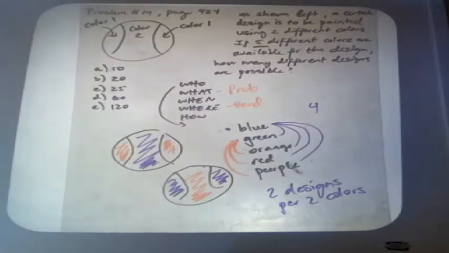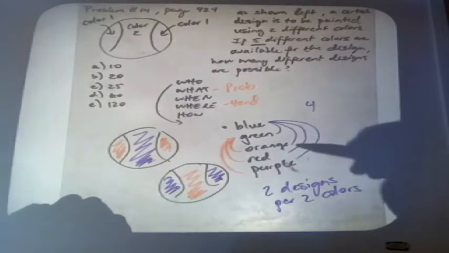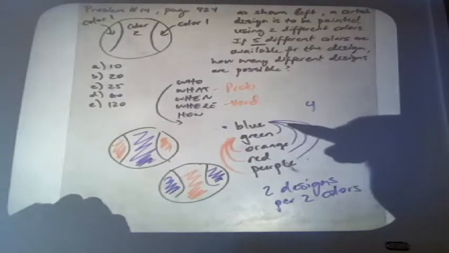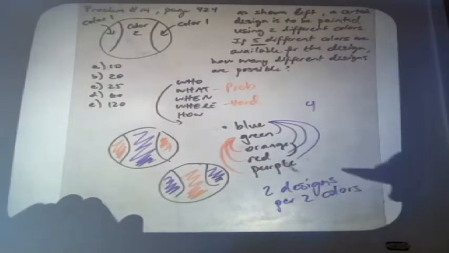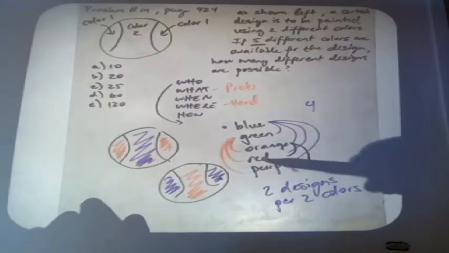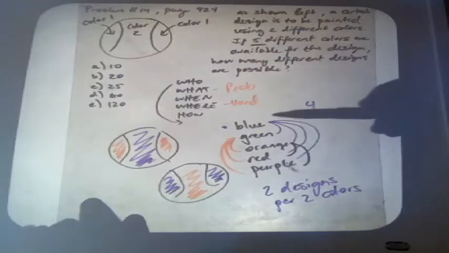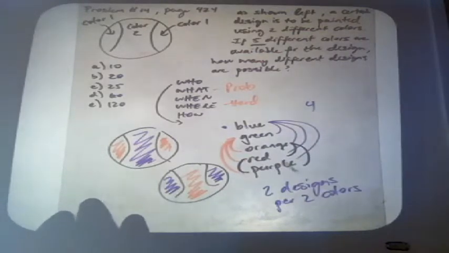Now all the combinations with orange that we haven't exhausted already, well, we've done orange and blue, we've done orange and green here, but we haven't talked about orange and red or orange with purple, so there's two more possibilities there. And then if we look at red, if we're exhausting all the possibilities going down the list, then red still needs to be paired with purple.